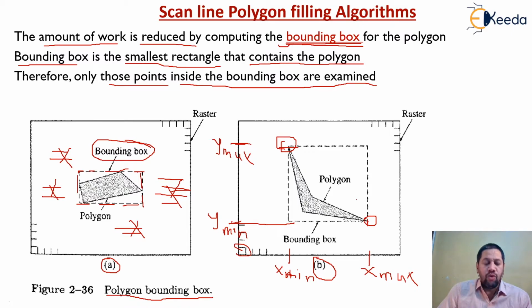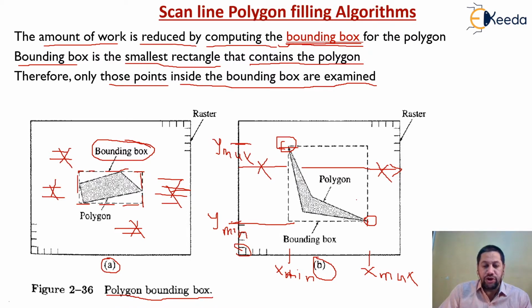Before I apply any polygon filling algorithm, I have to find out the bounding box, so my amount of work is reduced. If I am not doing this, even if I consider a scan line, I need to reach up to the end unnecessarily. I may start from this particular point. All these areas are unnecessary.